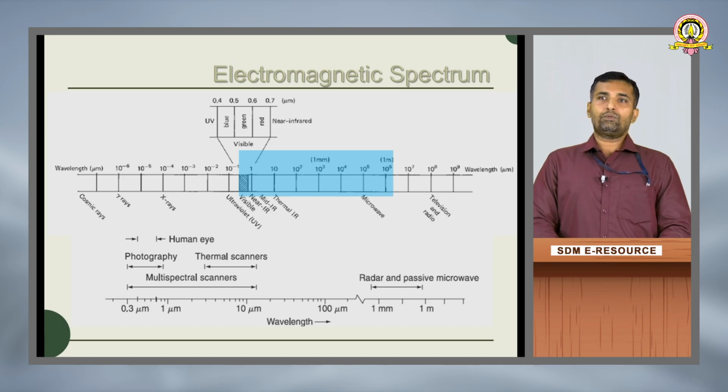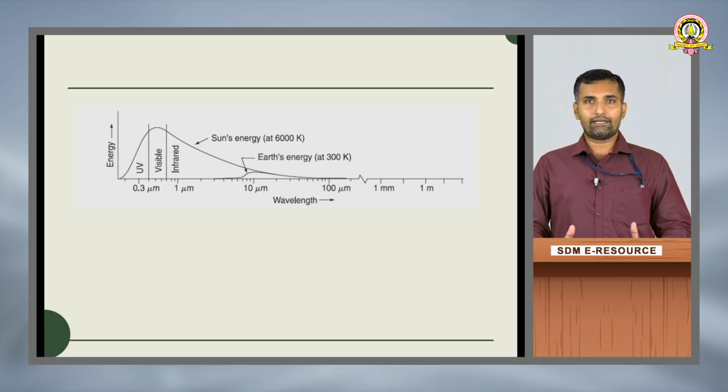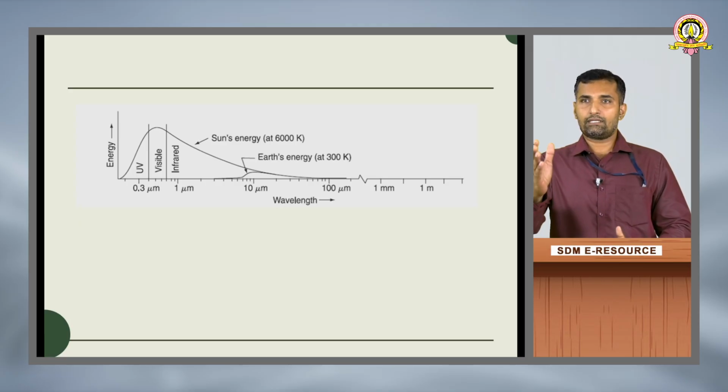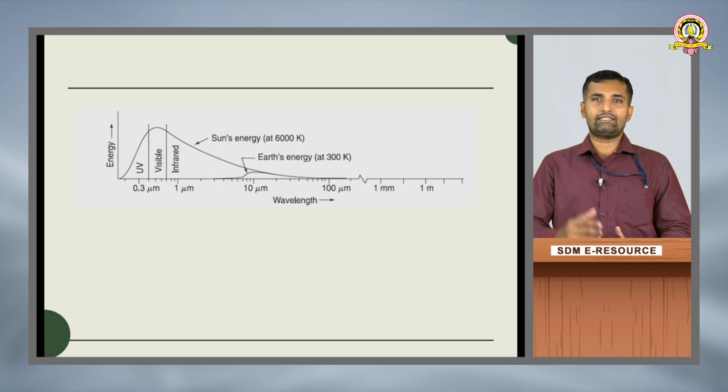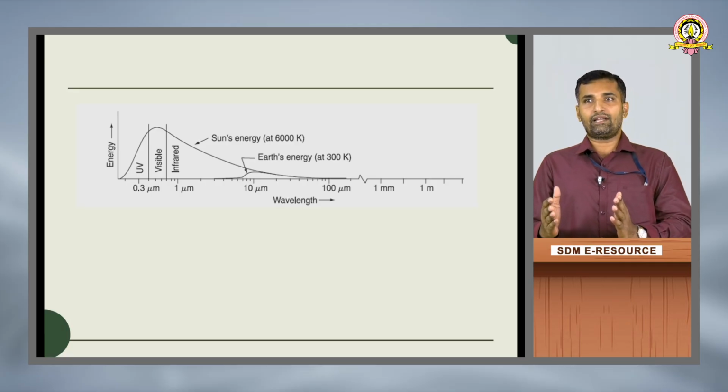This is how the energy is reflected from the Earth surface features. Our eye is designed to sense the electromagnetic spectrum in the visible region because the maximum energy reflectance for the sun's radiation is in the visible region. You can see that from 0.4 micrometer to 0.7 micrometer there is very high reflectance for the sun's radiation.